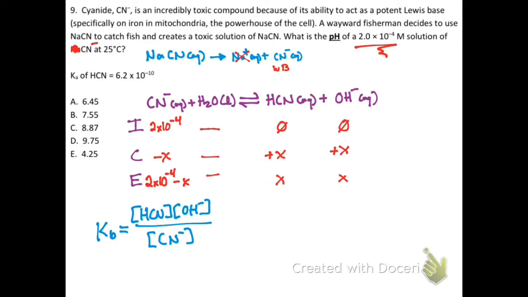Because for any given conjugate acid-base pair, Ka of the acid times the Kb of the base is going to be equal to our constant Kw. So we're going to solve for this. We're given our Ka here. The Ka is 6.2 times 10 to the negative 10th.